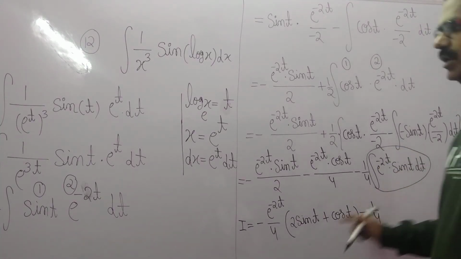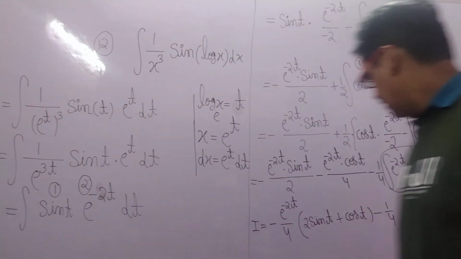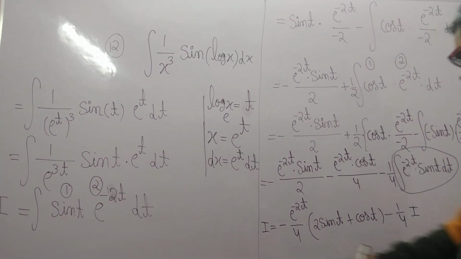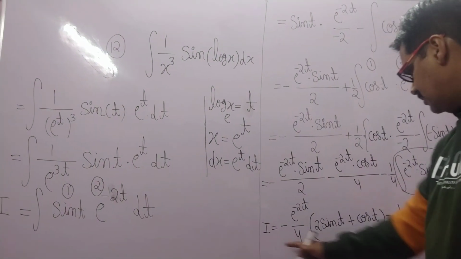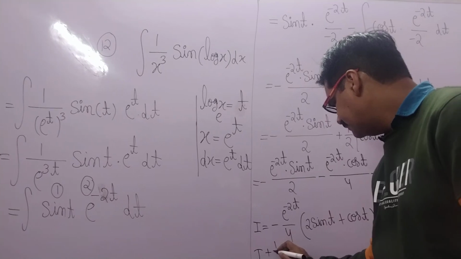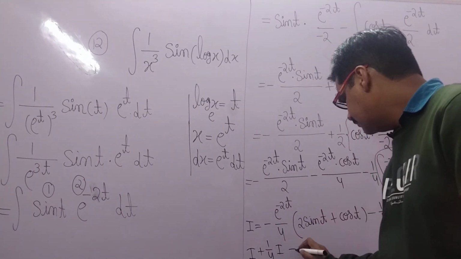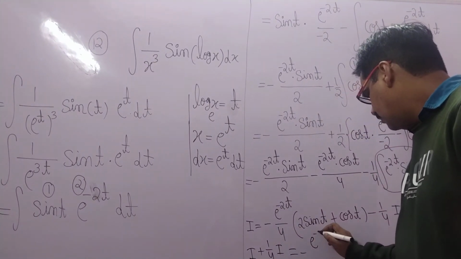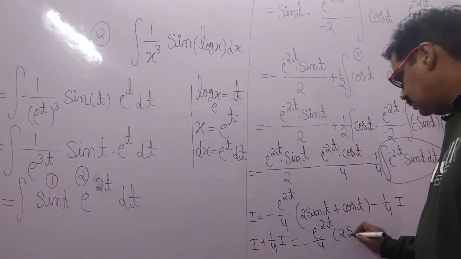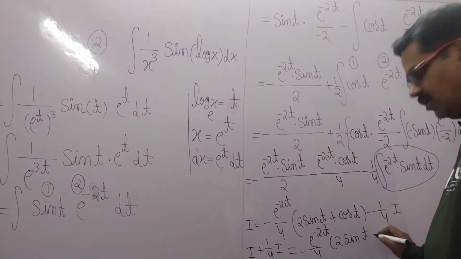This integral is equal to I. Put the value. Now rearranging it, we have I plus 1 by 4 I equals minus e to power minus 2t by 4, 2 sin t plus cos t.